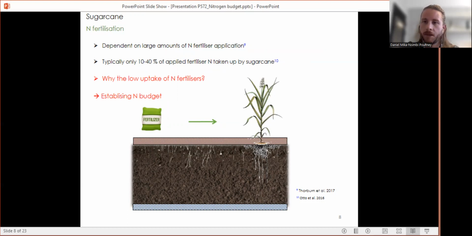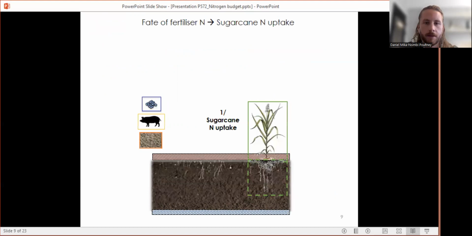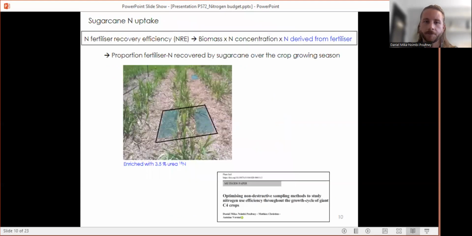One way of understanding this better is by establishing a comprehensive nitrogen budget for the soil sugarcane system. The first part of this was to determine the sugarcane nitrogen uptake.